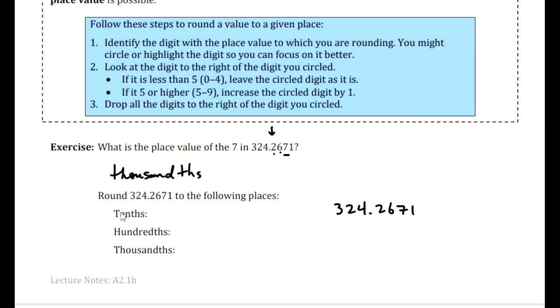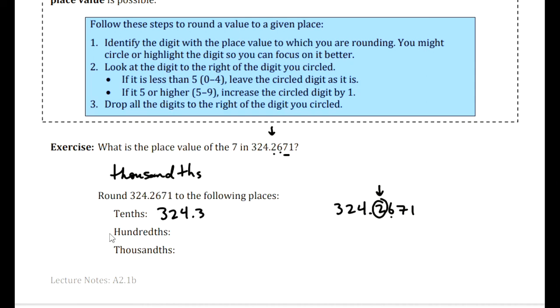So if we round to the tenths, we circle our tenths digit. We look to the digit to the right, 6. 6 is more than 5, right? So because it's more than 5, we're going to add 1 to the 2, giving us 324.3, rounded to the tenths position.